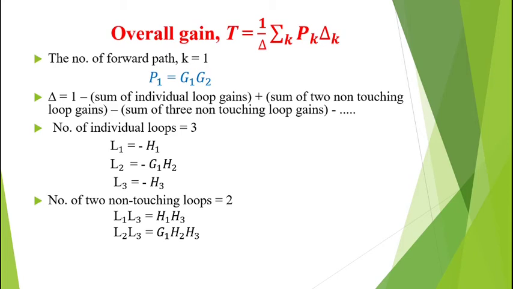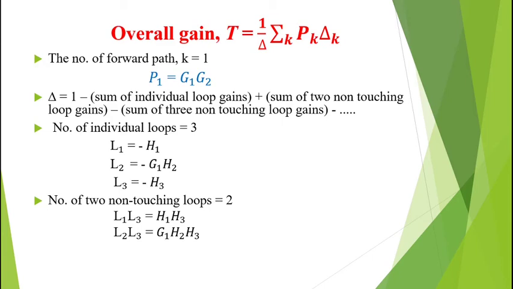Is there any other pair of non-touching loops present in the signal flow graph? No, because there are only two. Then are there any three non-touching loops present? Also no, because the total number of loops present in this system is 3, and of those 3, 2 loops are touching each other.